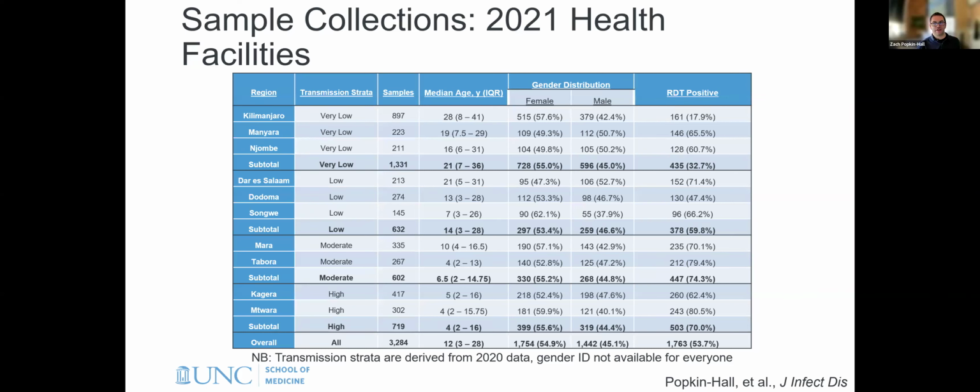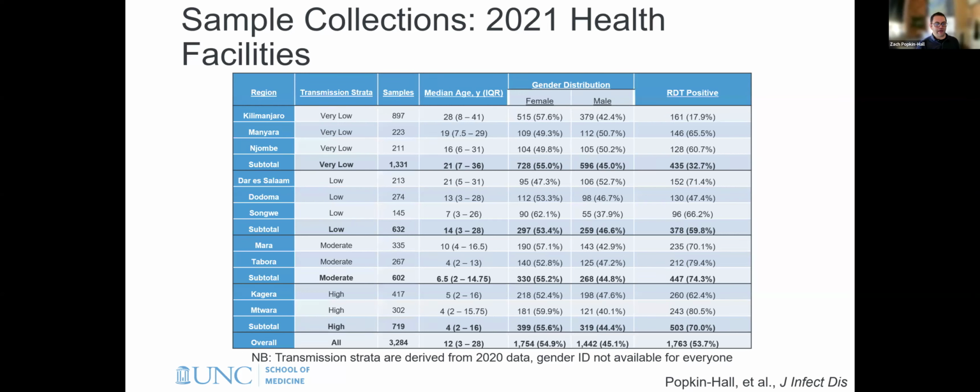And the other thing I do want to point out about this table is that these regions come from a variety of different transmission strata. So we had 3 regions that were considered to be very low transmission, 3 that were considered to be low, 2 that were considered to be moderate, and 2 that were considered to be high. And those transmission strata were determined from 2020 data, which I think was actually collected in 2019.